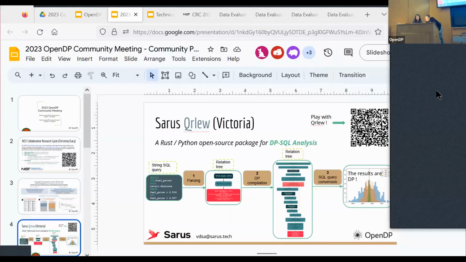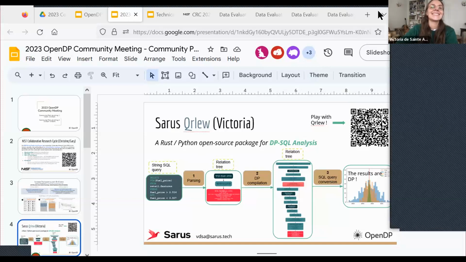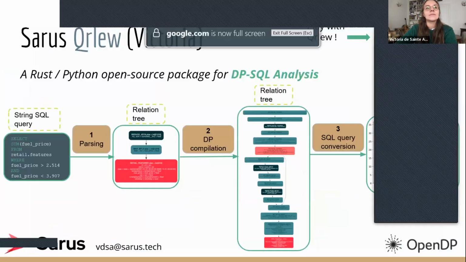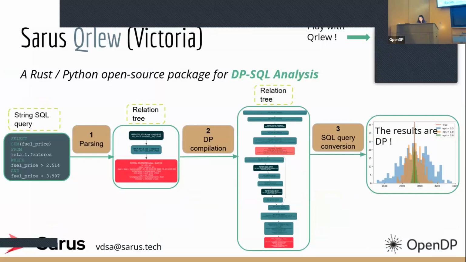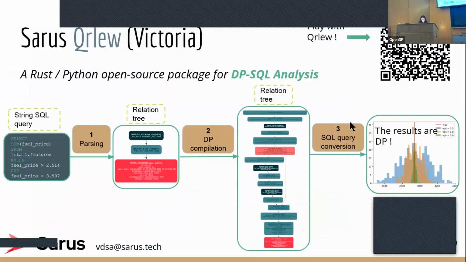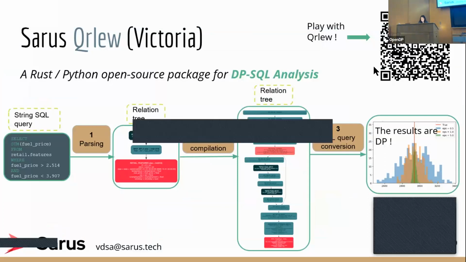And Victoria was in our first cohort of OpenDP fellows. Yes. Welcome back. Thanks. Hold on, let me get it out of the way of the QR code. Okay, take it away, Victoria.